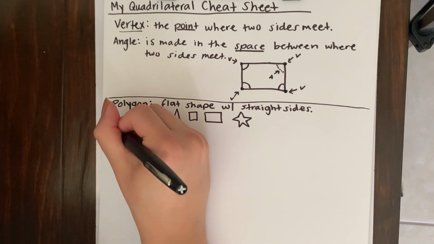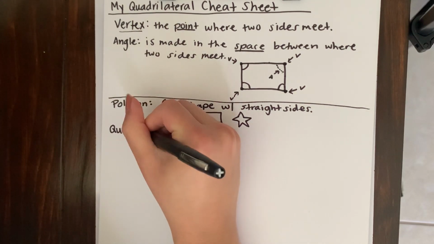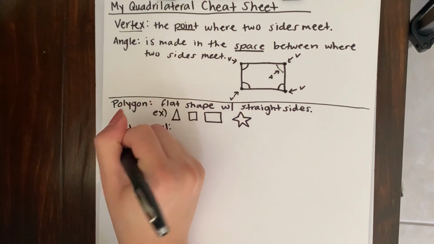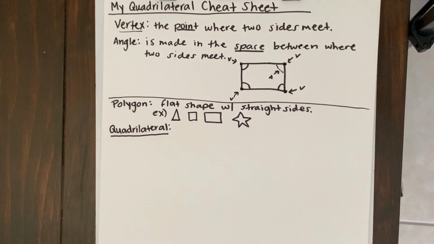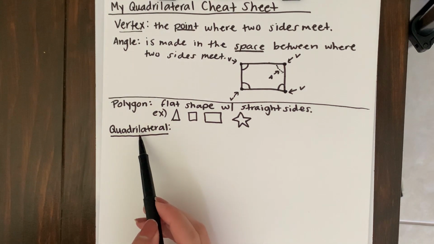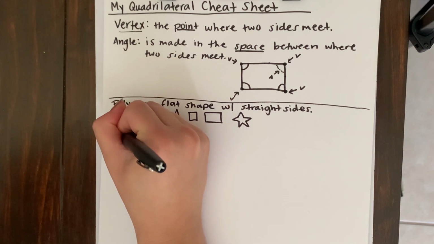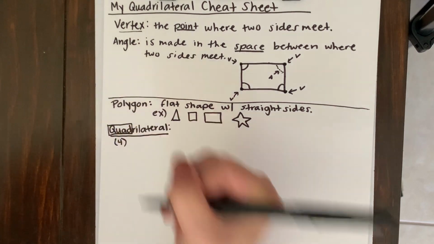A quadrilateral is what we're really focusing on at first, okay? Quadrilateral. So a quadrilateral is a type of polygon. If you look at this prefix right here, quad, which I'm going to put a little box around, quad means 4, okay?